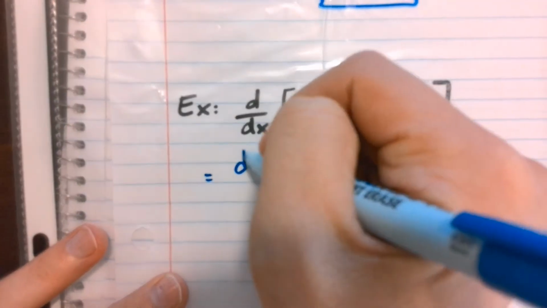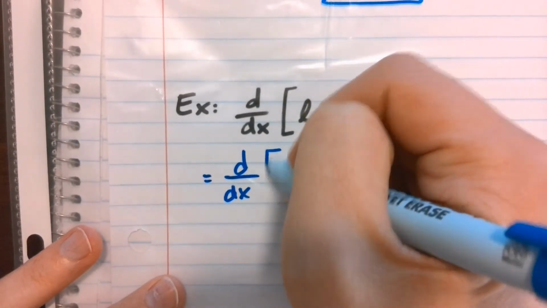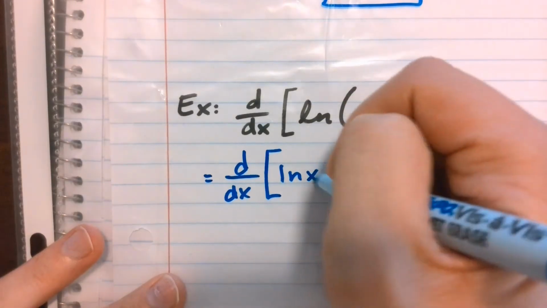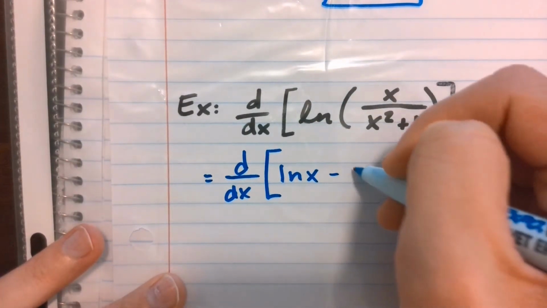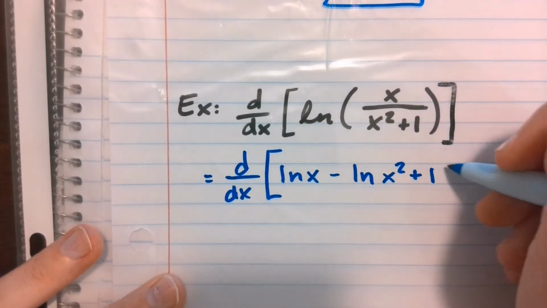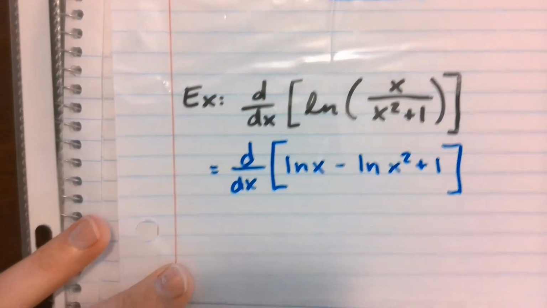So I'm going to go ahead and rewrite it. And we haven't taken the derivative yet, but go ahead and rewrite it as the natural log of x. And since it was division, I'm going to have minus the natural log of x squared plus 1. And that's going to make this one a lot easier to handle.